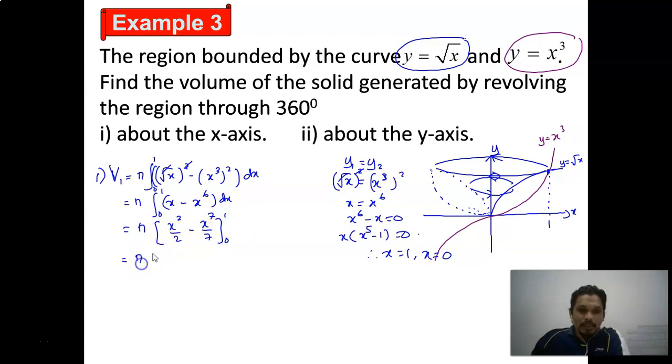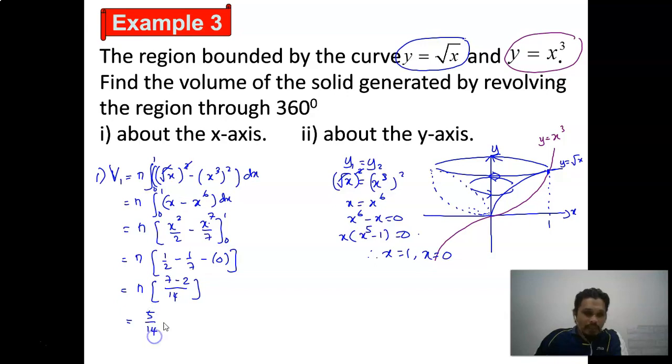Substitute 1: 1 over 2, 1 squared is 1 over 2, minus 1 to the power of 7, still 1 over 7, and minus 0 and 0, everything is 0. So it is pi times (1 over 2 minus 1 over 7), make it 1 over 14: 7 minus 2, which equals 5 over 14 pi unit cube.